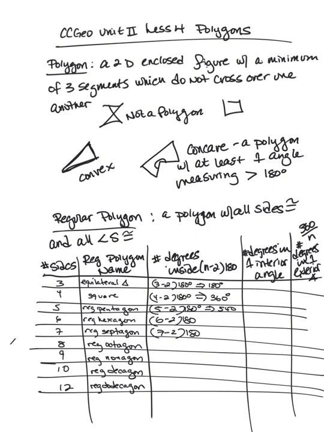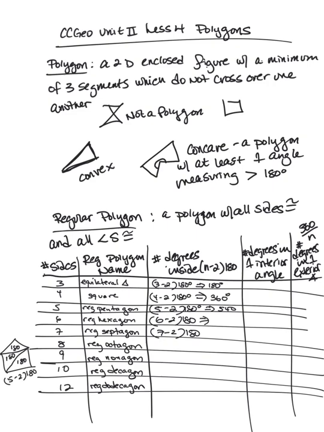So, for instance, in case you're wondering where this formula comes from, here is a pentagon. This is not a regular pentagon. It's just a pentagon in general. You have 3 triangles that you could make, with 5 sides. So the number of degrees is 180 times 3, right? Where does the 3 come from? 5 minus 2. So it's always the number of sides minus 2.